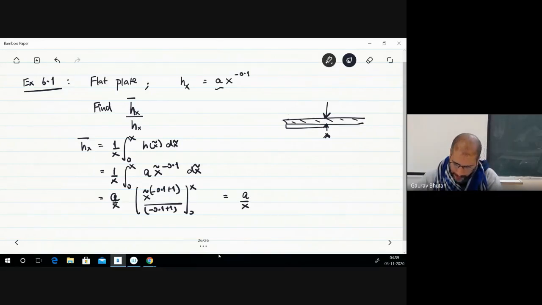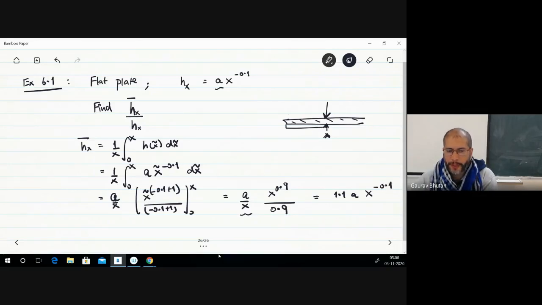So x tilde to the power of 1 minus 0.1, that is 0.9, and then I put the limit from 0 to x, so that means x to the power of 0.9, and then we have 0.9 at the denominator. Then we have 1 minus 0.9, so that becomes approximately 1.1. And then we have a, and then you have x to the power of 0.9 minus 1, because you have x in the denominator. That becomes x to the power of minus 0.1.